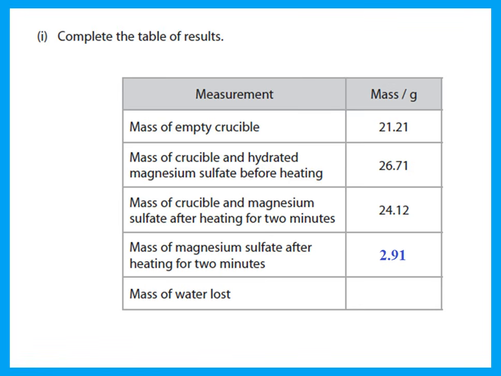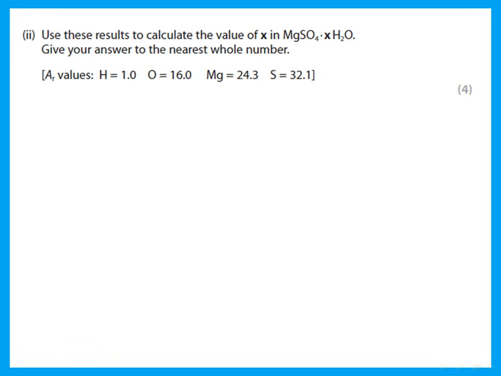Now, what is the mass of water? Well, the mass of water would be the mass of crucible and hydrated salt before heating minus the mass of crucible and magnesium sulfate after heating. So it's 26.71 minus 24.12, that is the mass of the water lost. Use these results to calculate the value of X in MgSO4·XH2O.